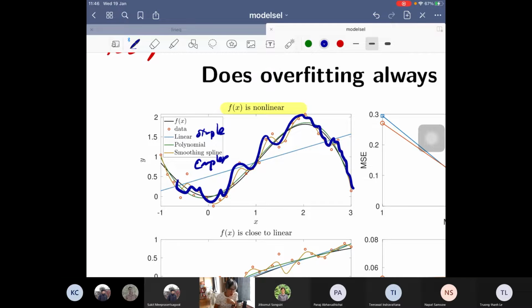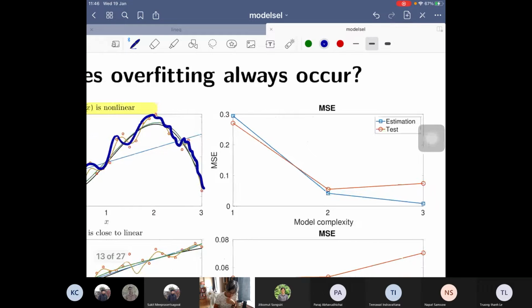Polynomial and smoothing spline, you see some subtle differences. The smoothing spline tries to adapt to all these fluctuations in the data. Okay. Now let me move on to the right-hand side. This is MSE. I think I plotted only for polynomial. So this is the model complexity, basically the degree of the polynomial.